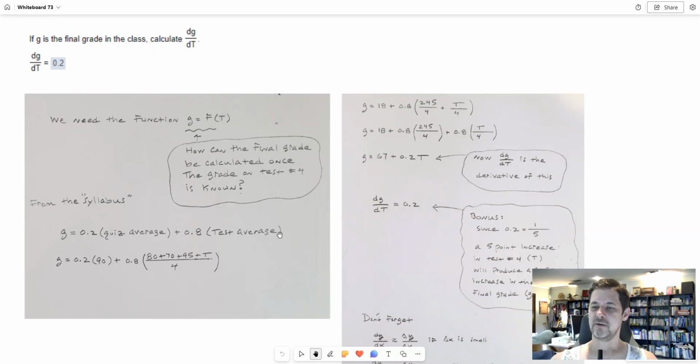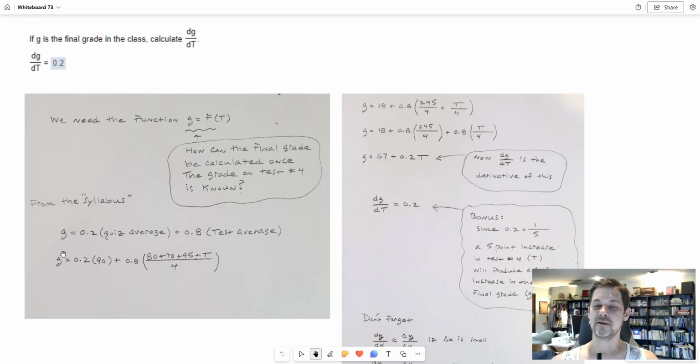The test average I don't know, and in addition, I don't know one of the scores. But this is how you do it. I have three tests that are known, 80, 70, 95, and a fourth test not known, designated by the variable capital T. Add those together, divide by 4, multiply by 0.8. That's how it would be done.